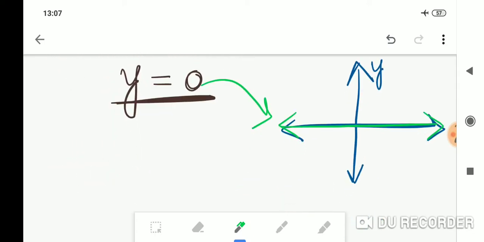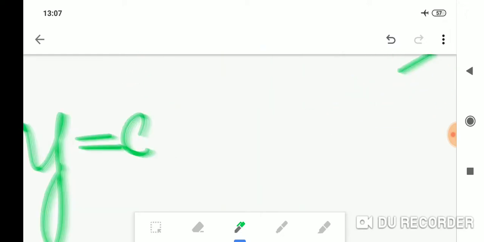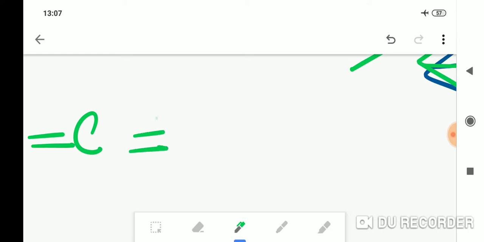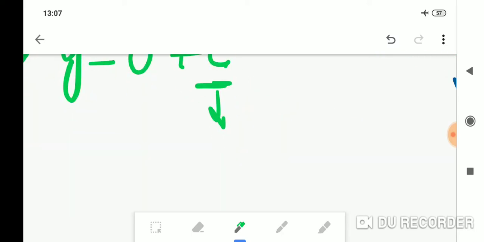Now y is equal to c is nothing but y is equal to 0 plus c, and c is a constant.